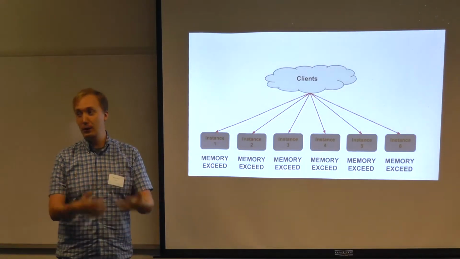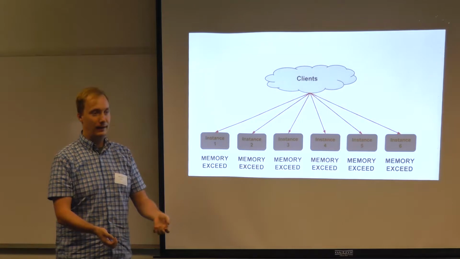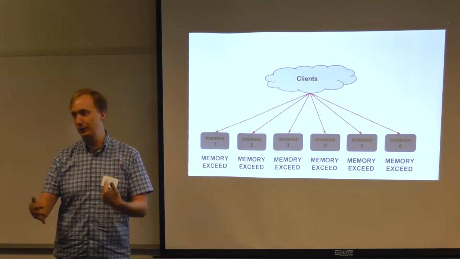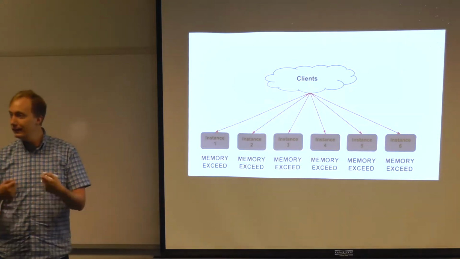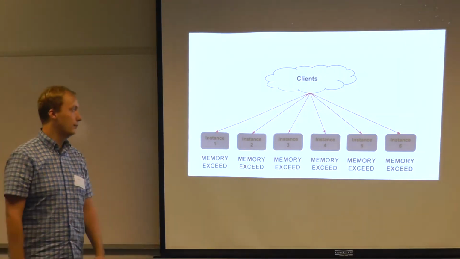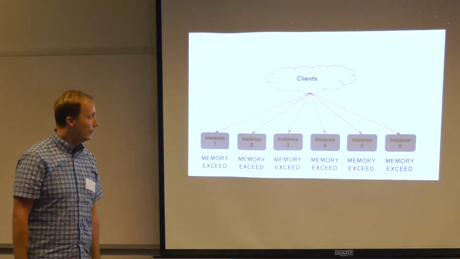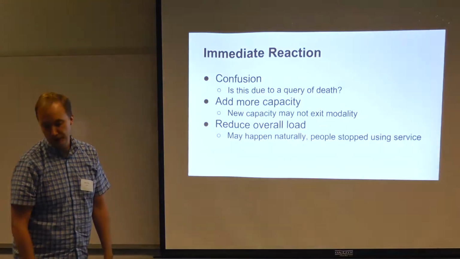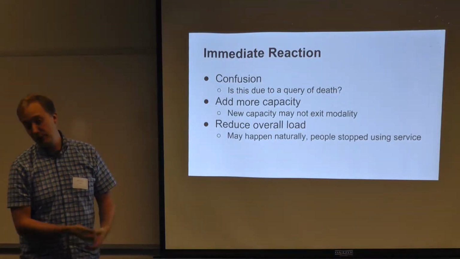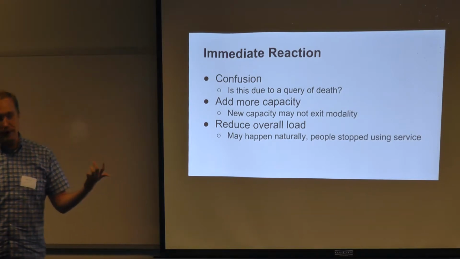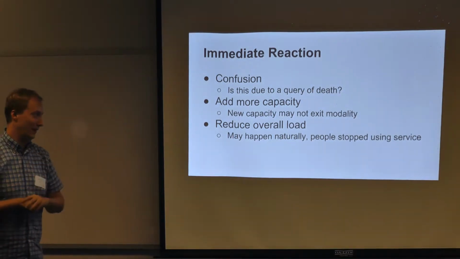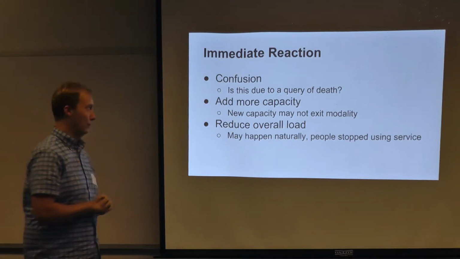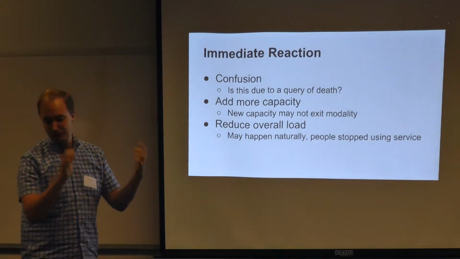They don't get all of the burden of the requests coming in, and they have a chance to start serving requests at a low rate and recover. So you basically have to cut off all load, and maybe this happens naturally because people give up on your service. That's really bad, but maybe you have to do this in some other way. Maybe you have to control it at the client level or something.